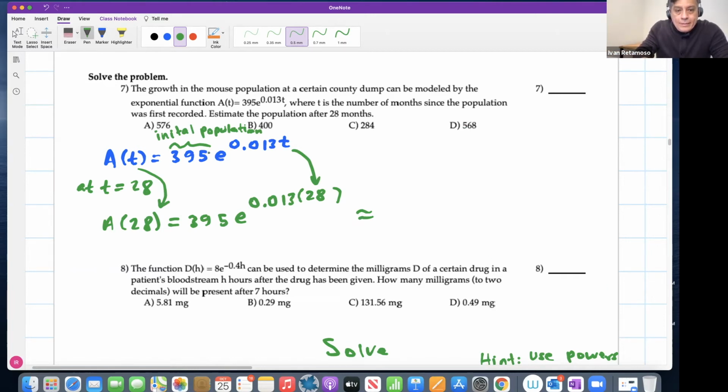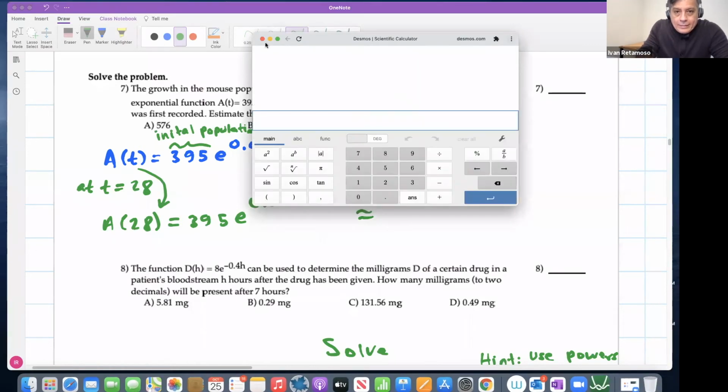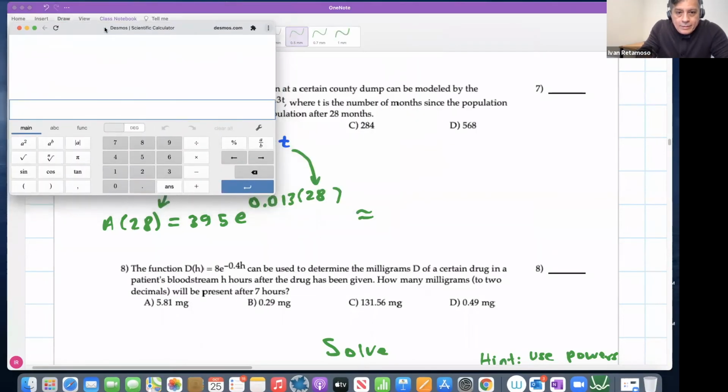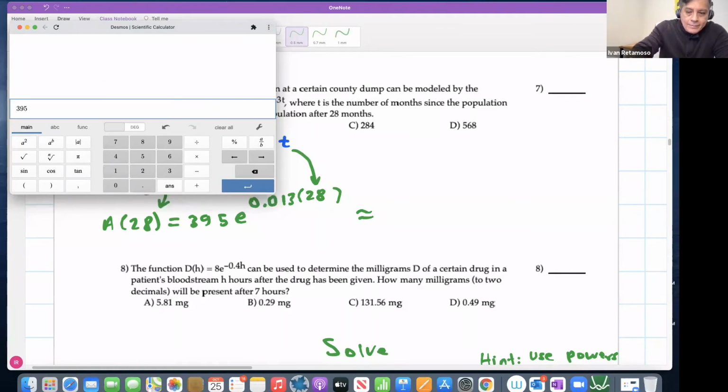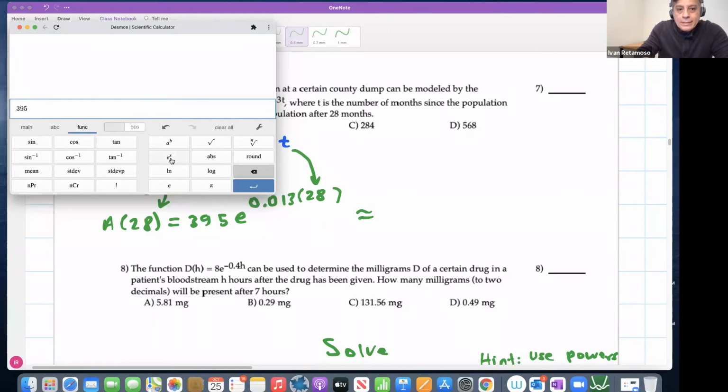So we're going to do it together. You take the scientific calculator, or our Desmos scientific calculator if you prefer, and you type 395 times e. Where is e, professor? Function, and then e raised to something. I have two numbers here multiplying each other, and I want to keep them together.